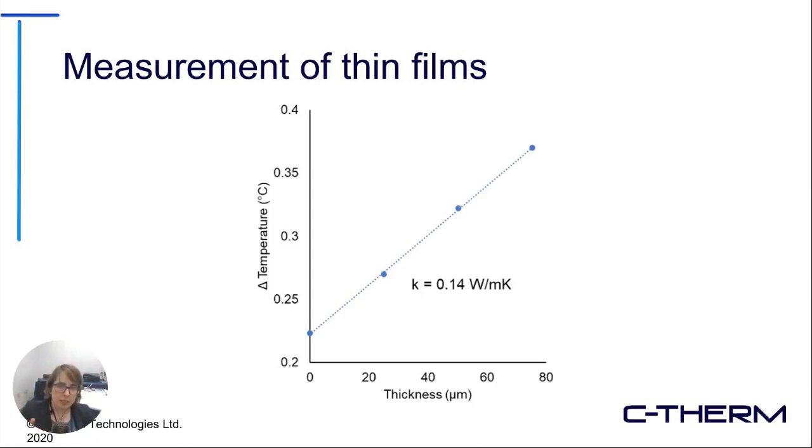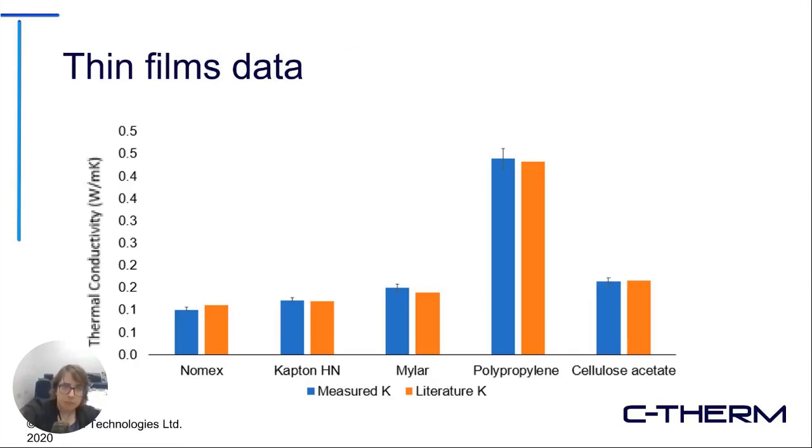It's just that having extra data in your straight line approximation gives you a better degree of confidence in the fit of the straight line. And this is a collection of thin films data that we've collected with our thin film utility on Trident, looking at Nomex, Kapton HN, Mylar, polypropylene, and cellulose acetate thin film materials.